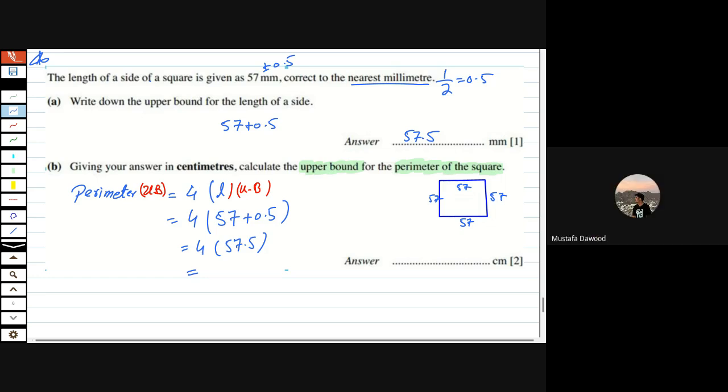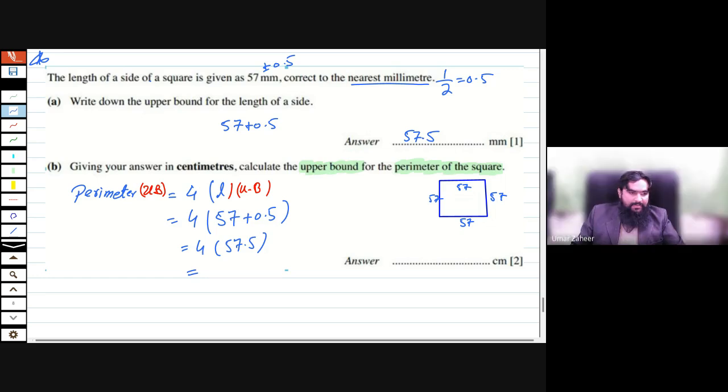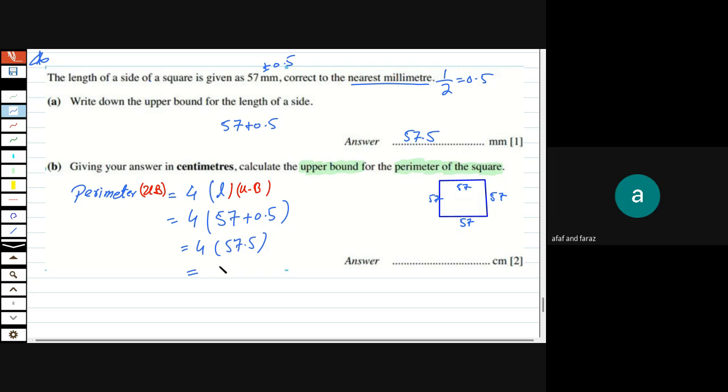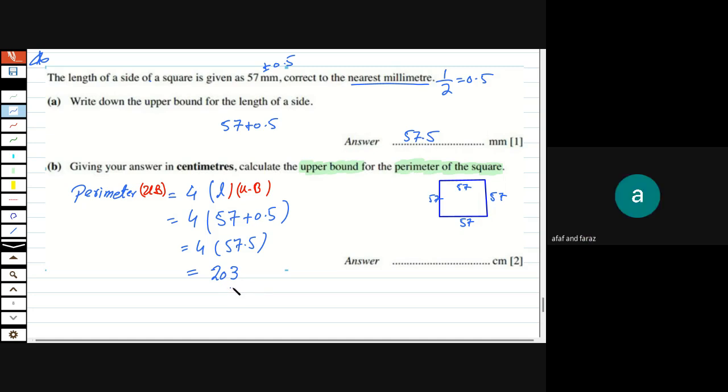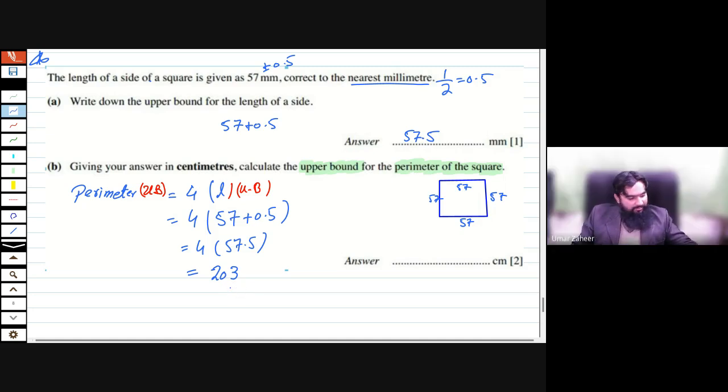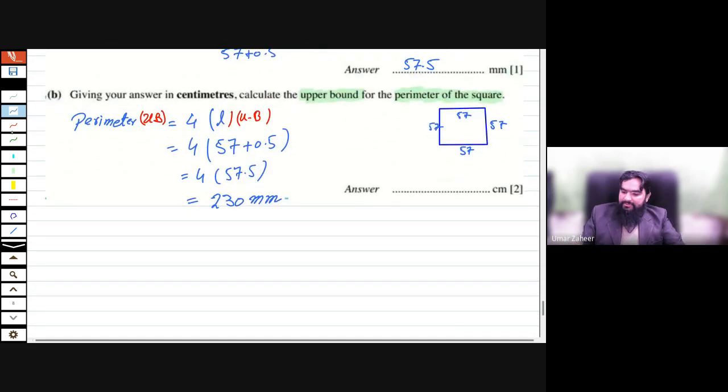That gives you 230 millimeters. Okay, I want it converted into centimeters.